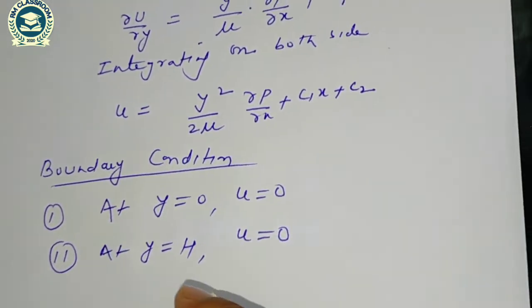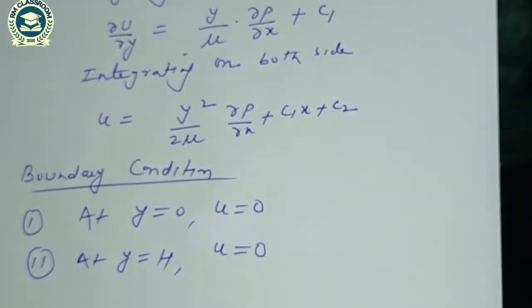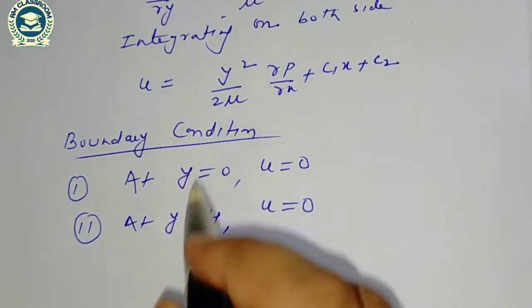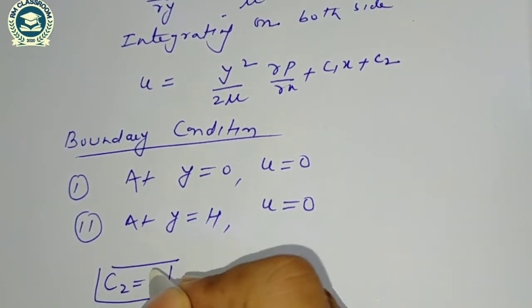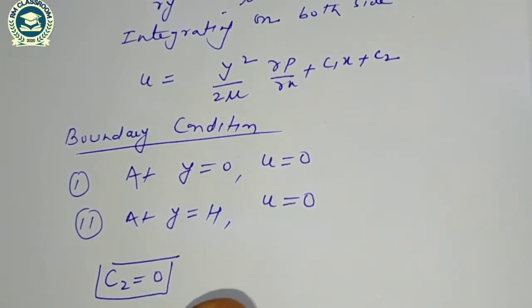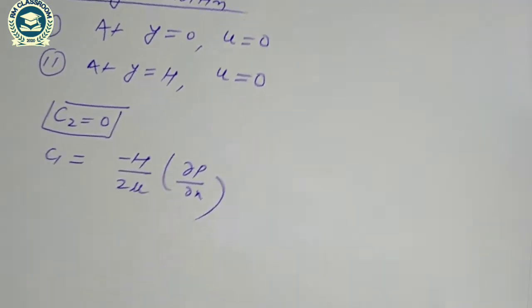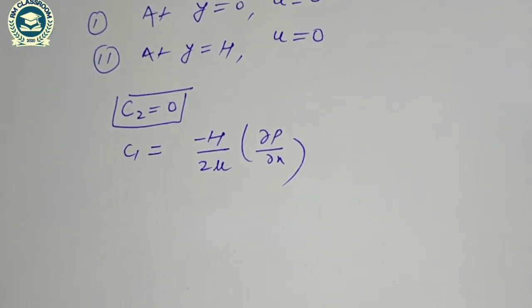So if I apply the first boundary condition, C2 is equal to 0 and C1 is equal to minus h by 2 mu del p by del x. With the help of these two boundary conditions, we have computed the two constants.